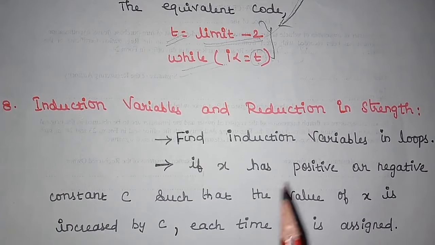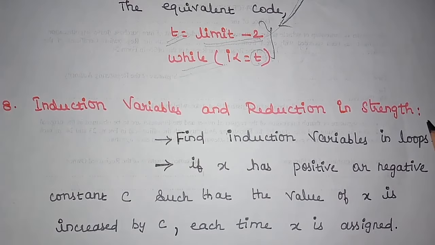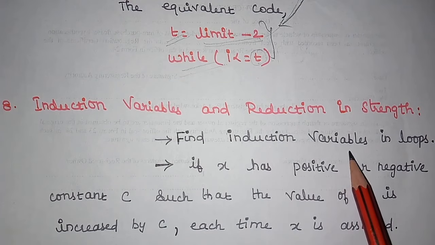And the final transformation we can do here is induction variable and reduction in strength. A variable is said to be an induction variable if there is a positive or negative constant value, and every time x is assigned with that constant value, its value decreases or increases by this constant. That type of variable can be termed an induction variable.